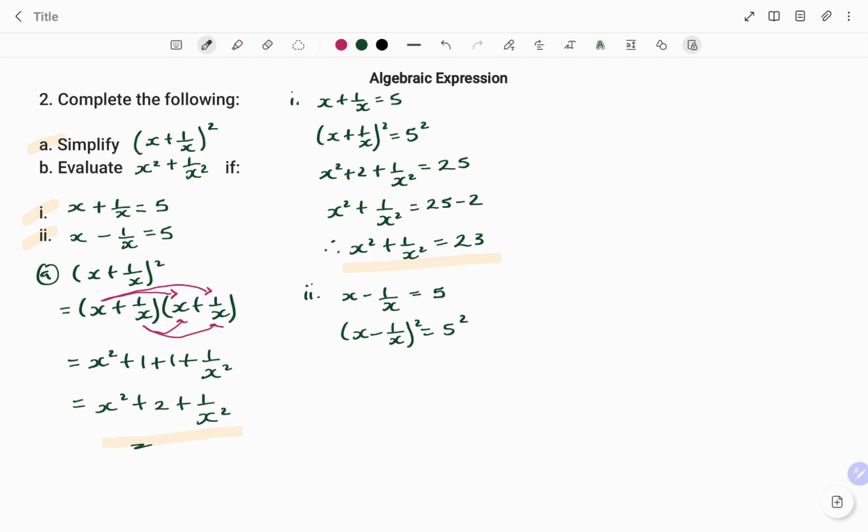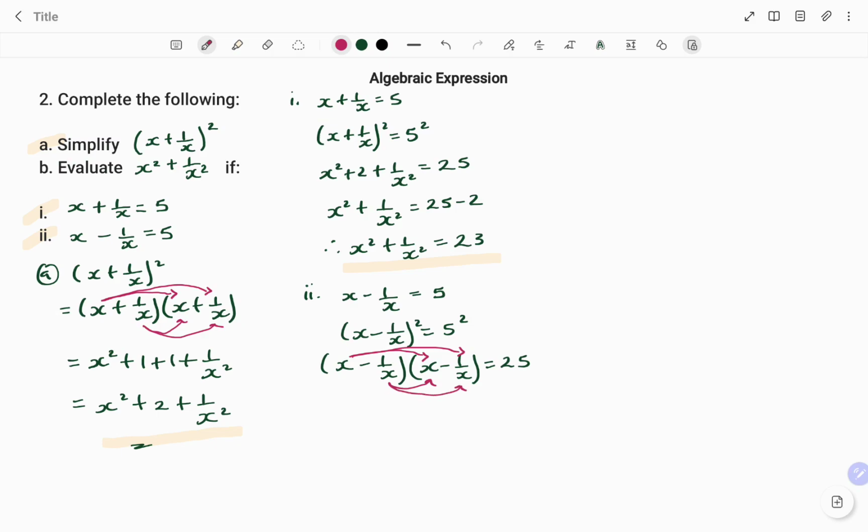Expanding, because we don't have the value for x minus 1 over x all squared, I'm going to expand that here. That equals 5 squared, which will be 25. We have all the terms in the first bracket multiplying all the terms in the second bracket.